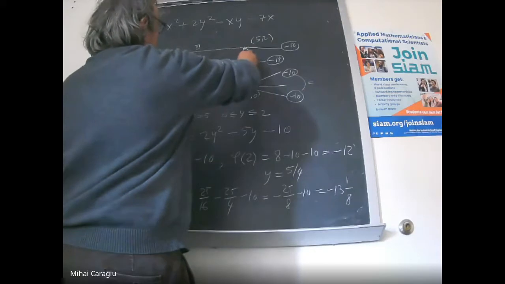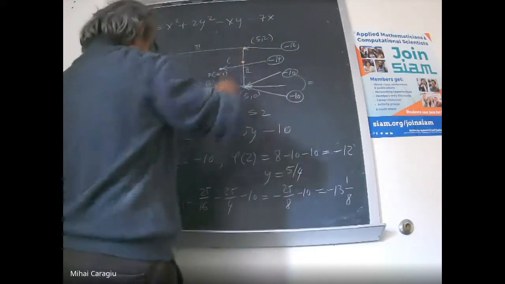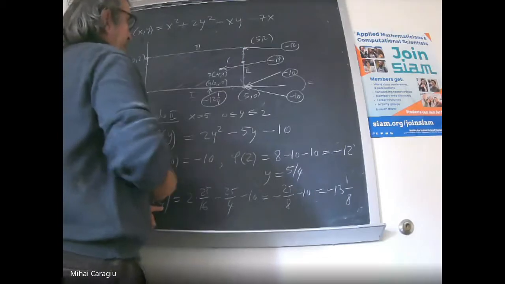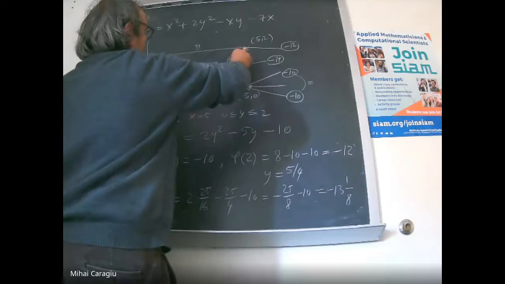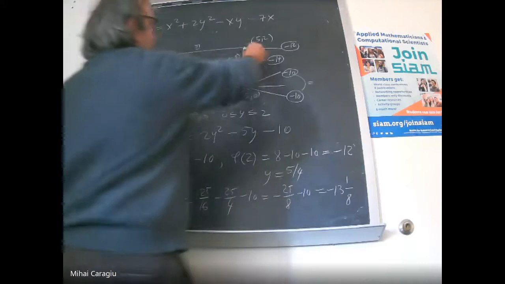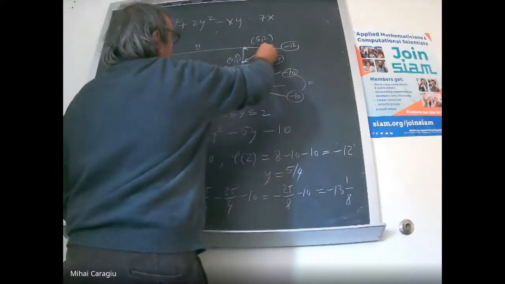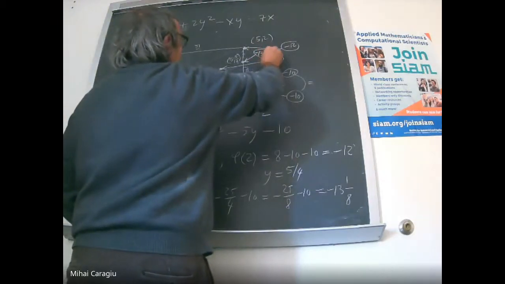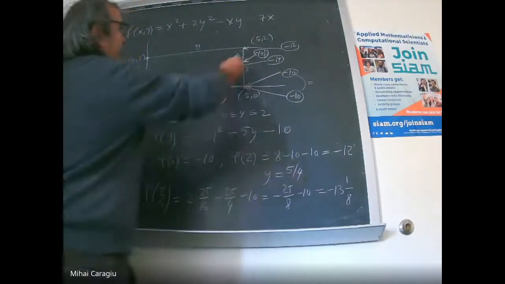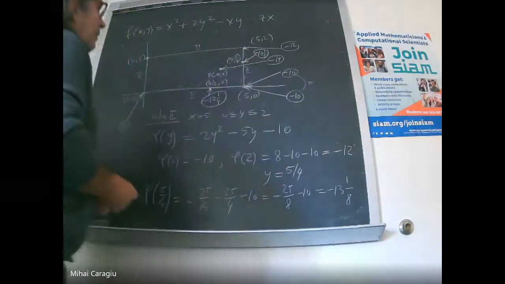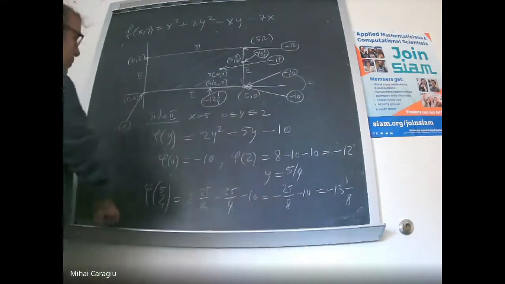So at this point, slightly above the middle, at the point 5 and 5 over 4, we annotate with the value minus 13 and 1 over 8. Okay, so we are done with side 2.